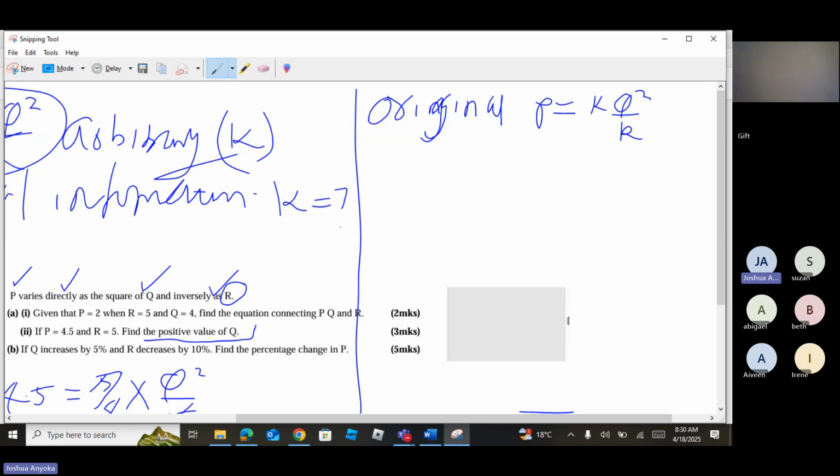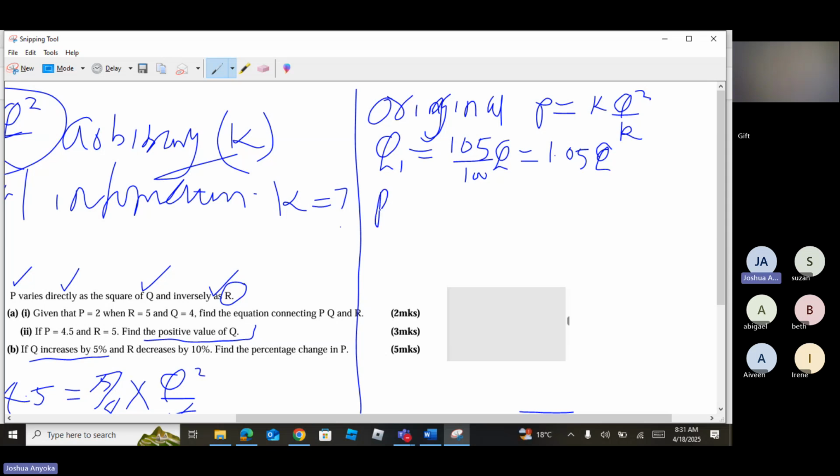So we introduce the change in Q. Q increases by 5%, so our new Q becomes 105% of Q, and this gives us 1.05 Q. Introduce the changes in each and every variable.